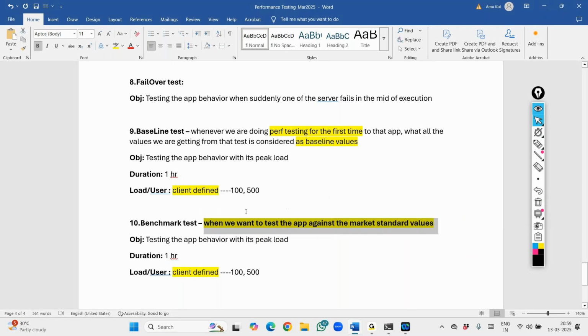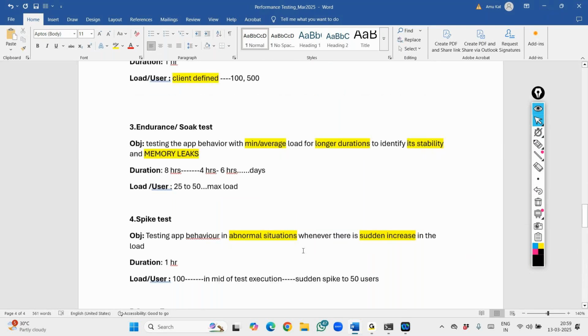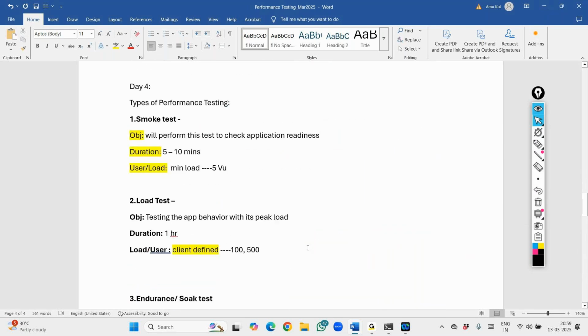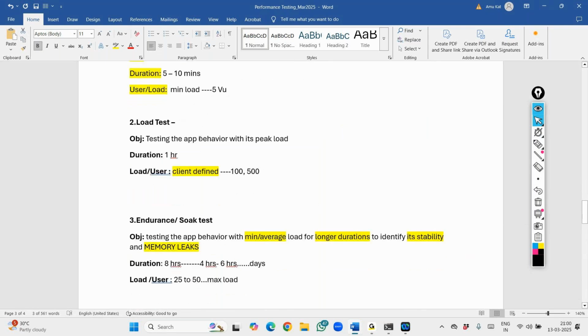So these are the different types of performance testing we have. For the very first time, just to check whether the environment and the application are ready or not, that is called smoke test. And if we want to check the application behavior with its max load, then that is called load test.